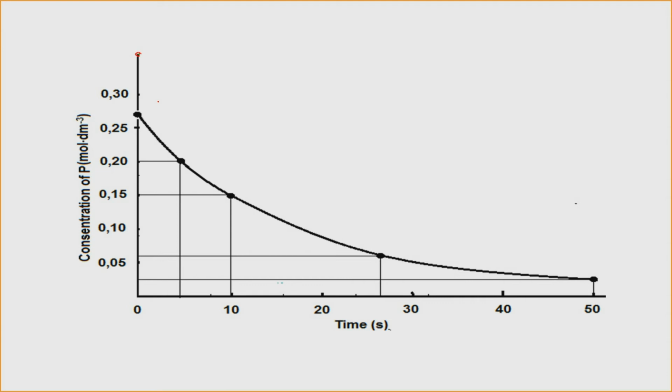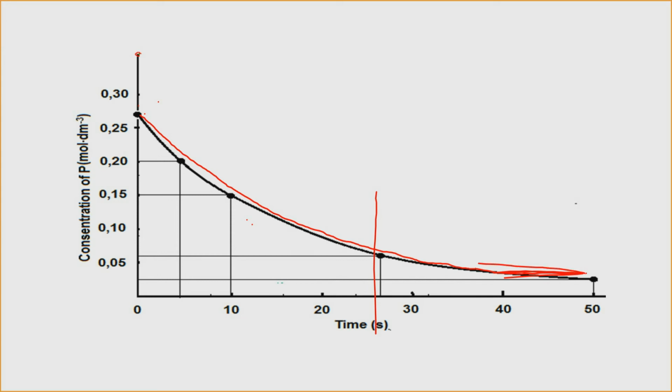Why? Because when you start the reaction, you start with higher concentration. As the reaction proceeds, the concentration decreases until it flattens out. It means the concentration of the reactants is decreasing and decreasing until the reactants have been used up. Once the reactants have been used up, the graph flattens.